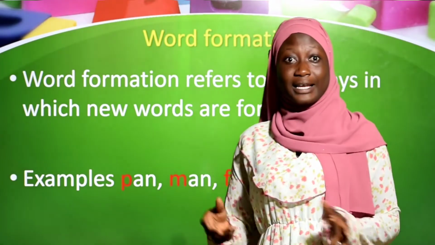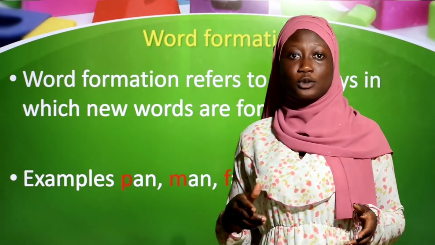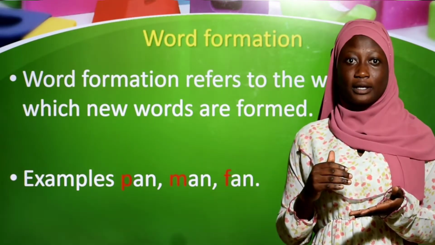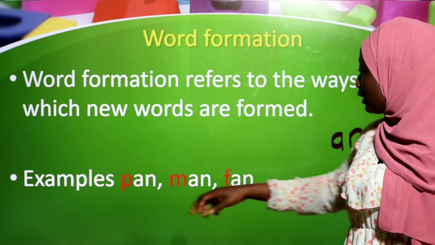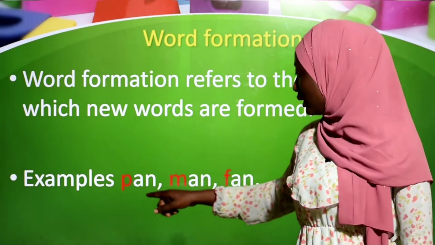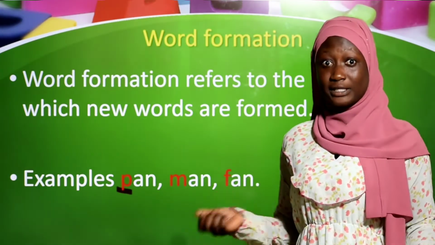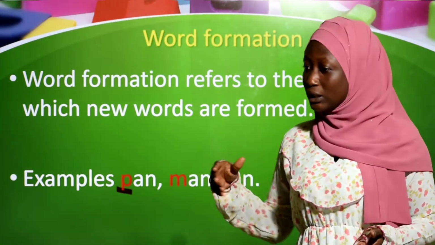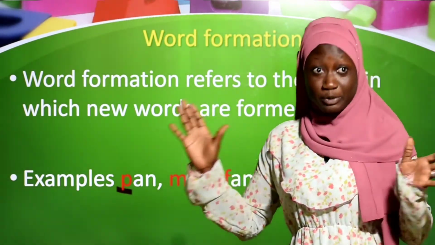You can add a letter before the an or after the an to give you a different word, which has a different meaning also. So just like this, I added P to the an to get pan. And we all know what a pan is, right? A pan can be this pan that they use for cooking. Let's just focus on the pan we use for cooking.